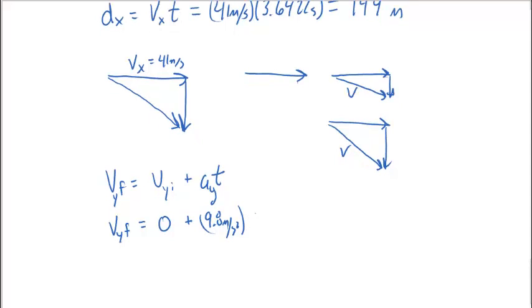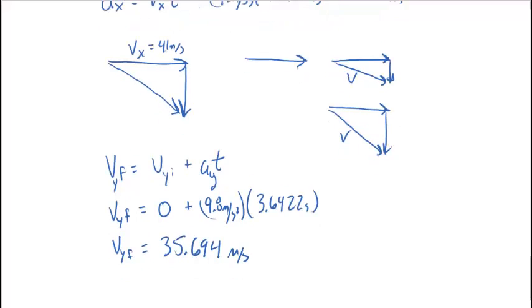I should just enter the time in now, 3.6422 seconds. And so the final vertical velocity after 3.6422 seconds is 35.694 meters per second. So that's vertical.